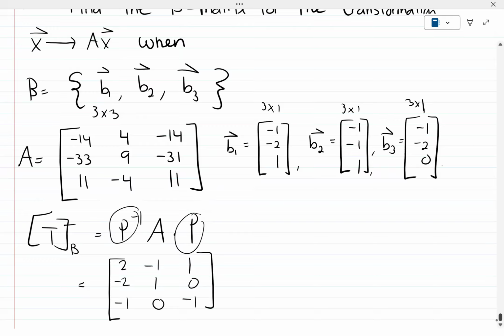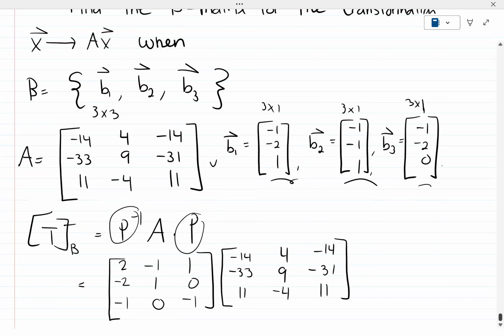Right. So basically it's this P matrix. If you combine all these and take the inverse, you get this. My A matrix is given. It's this one right here. And then my P matrix is basically these three vectors, right?